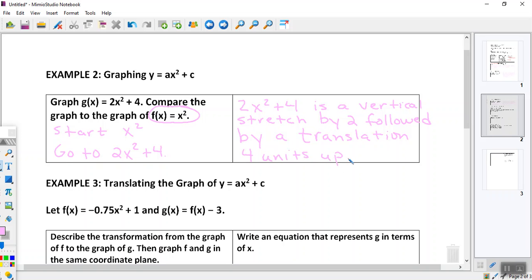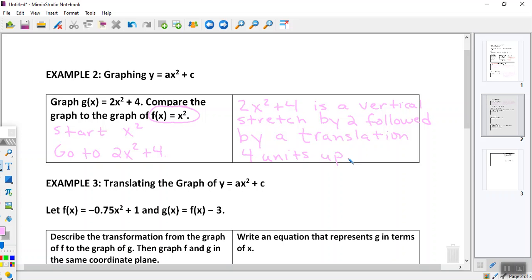Once I know you have that down, I just want to talk characteristics real quickly. Okay, real quickly, kids.